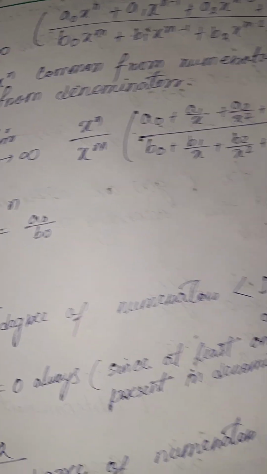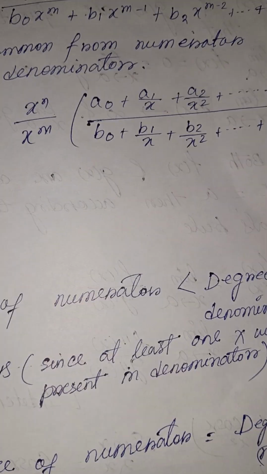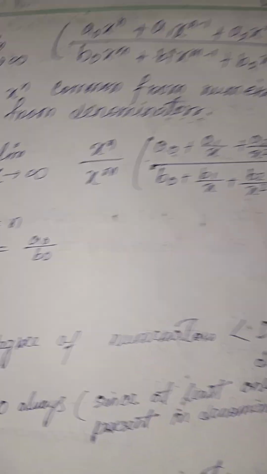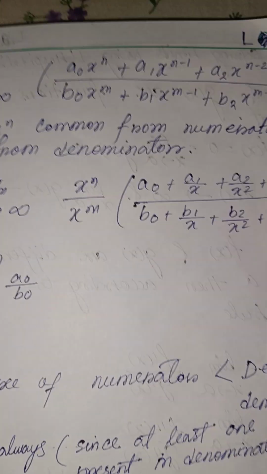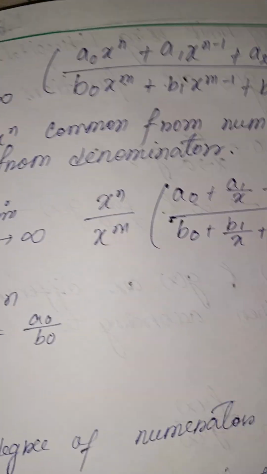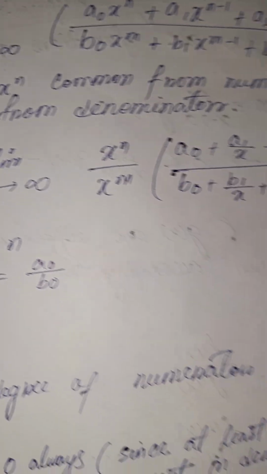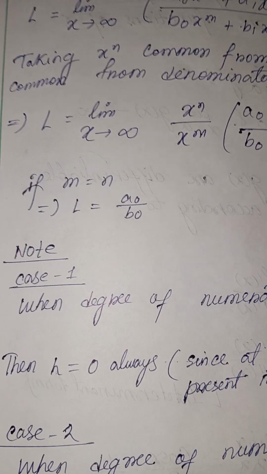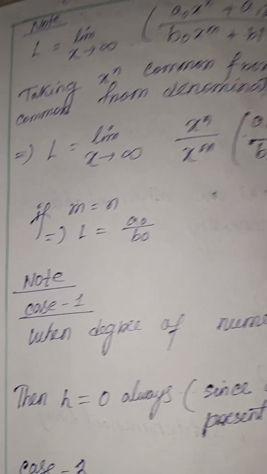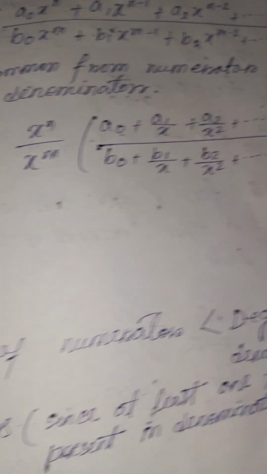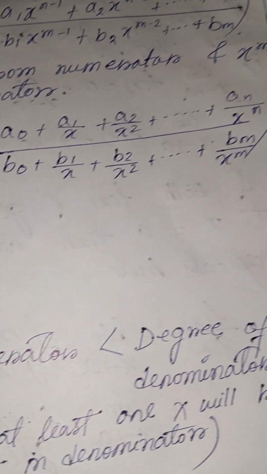Okay, so here taking x to the power n common from the numerator, and x to the power m common from the denominator. So next, L is equal to limit x tends to infinity x to the power n by x to the power m times (a0 plus a1 by x plus dot dot dot plus an by x to the power n).